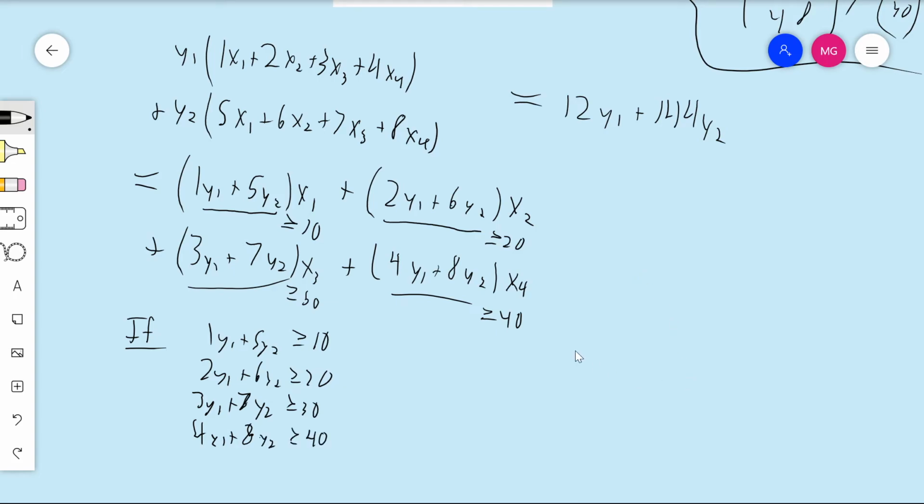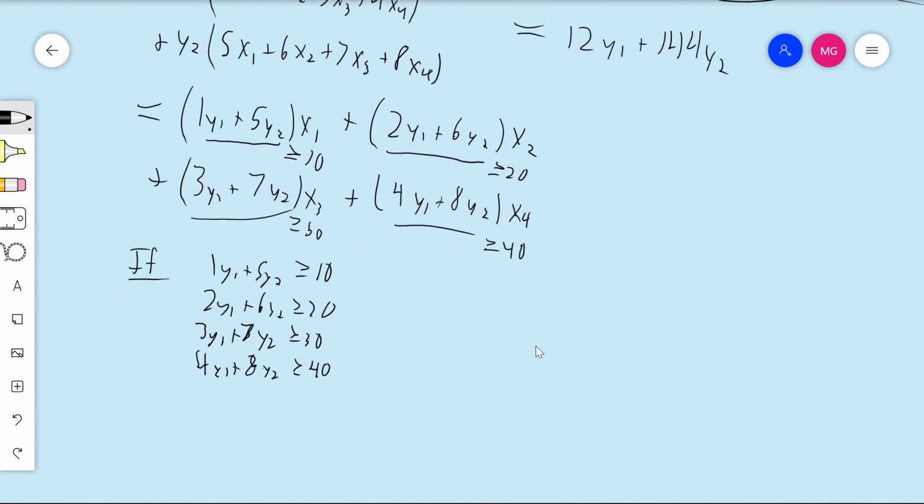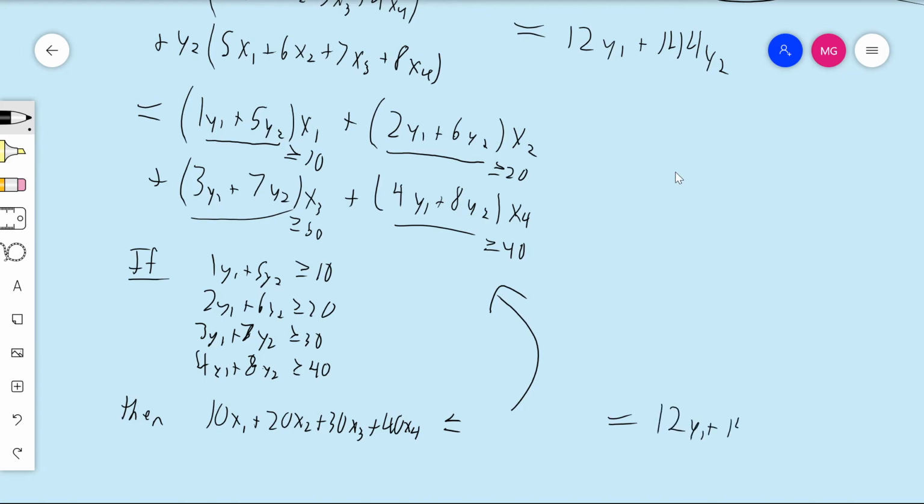If those things are true, that's what we just said above, then the objective function 10x1 plus 20x2 plus 30x3 plus 40x4 will have an upper bound of this thing that we just wrote down above. So this quantity will genuinely be an upper bound. And we know that that's equal to 12y1 plus 144y2.